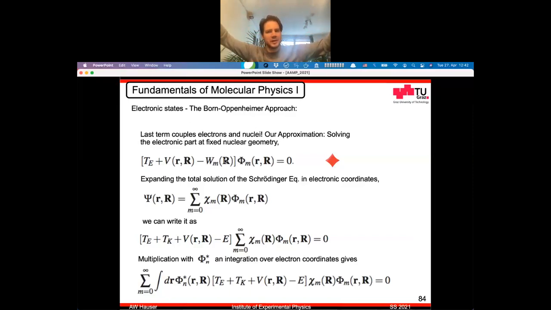It's an energy as a function of the nuclear coordinates. And so this is where we start, and with this we go now back into the main and actual Schrödinger equation for the total system, not just for the electronic system, but for the total system.